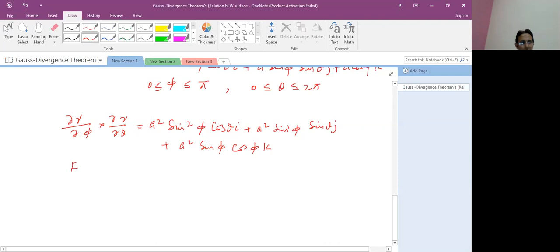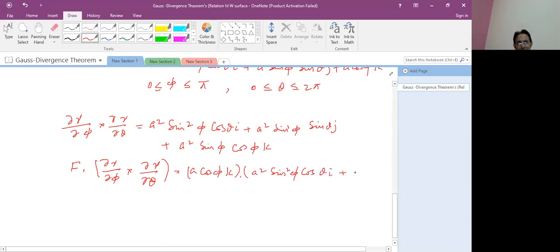So if we multiply F dot ∂r/∂phi into ∂r/∂theta, which is equal to a cos phi of k dot a square sine square phi cos theta of i plus a square sine square phi sine theta of j plus a square sine phi cos phi of k.